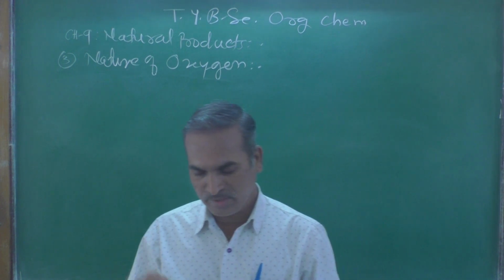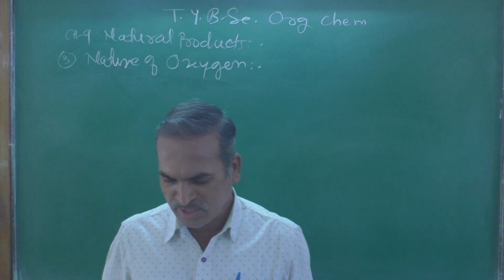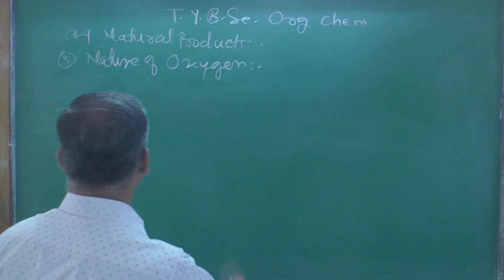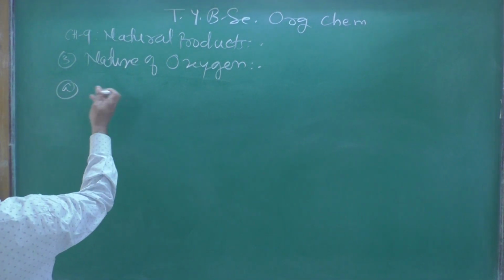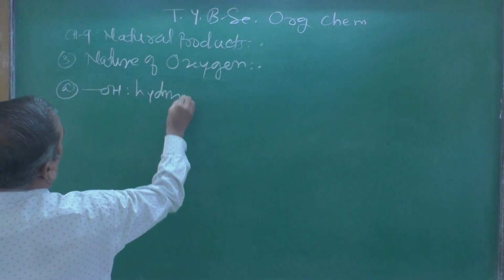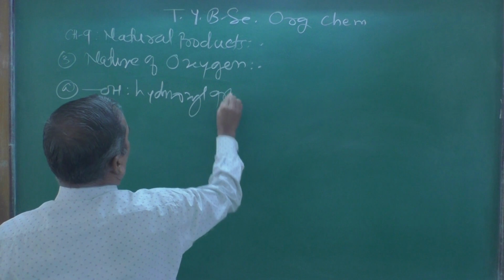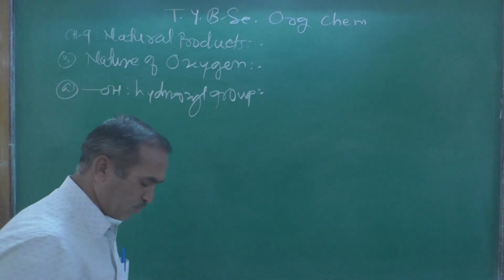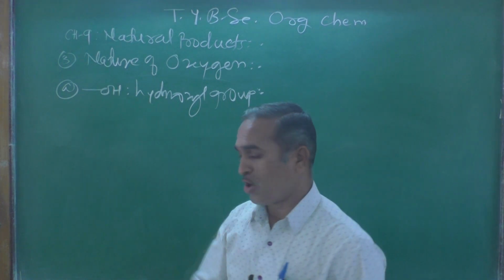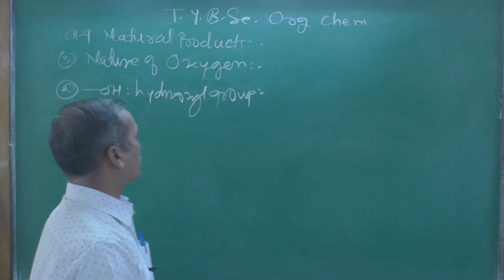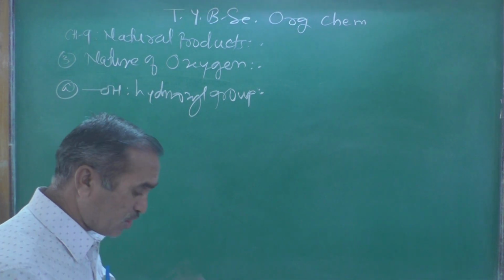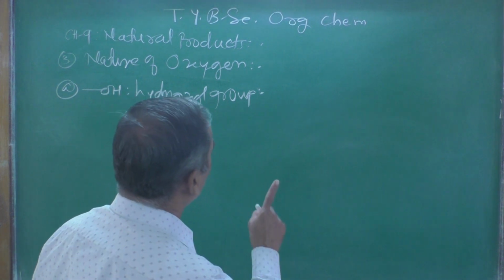So let us begin with the first one, hydroxyl. Suppose it is present in a hydroxyl group. Let's see here, OH, that is a hydroxyl group, right? The oxygen atom along with that hydrogen atom forms a hydroxyl group, and that hydroxyl group may be of two types.